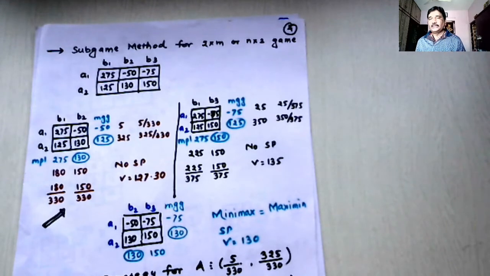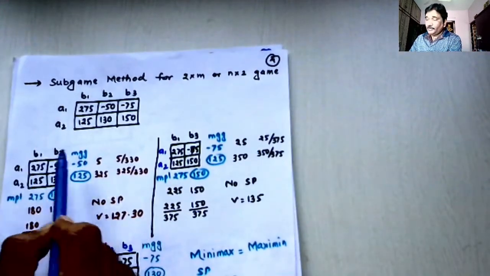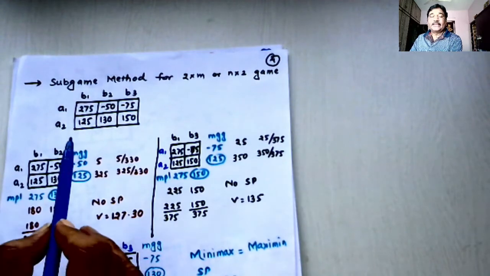If the game has saddle point, then you will be straightway getting the solution to the problem. You must not use arithmetic method. And if the game doesn't have saddle point, you should use arithmetic method if the game size is 2 by 2.